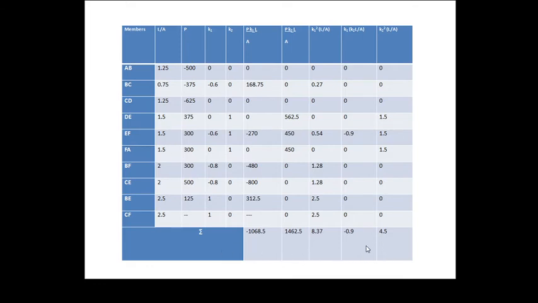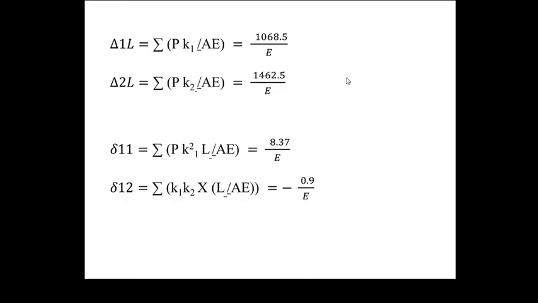Like that we can tabulate the summation of sigma PK1 L by A, up to K2 L square by L by A, the summation of this table. This is familiar from the unit load method in your previous semester or previous classes. Then coming to how to calculate delta 1 L, it is equal to the summation of PK1 L by AE.